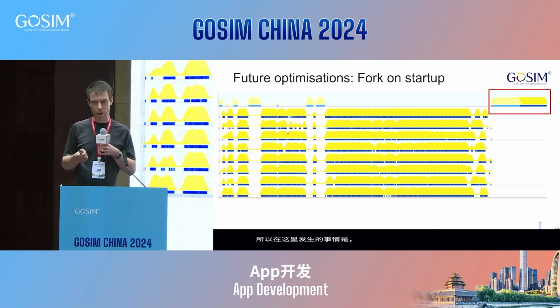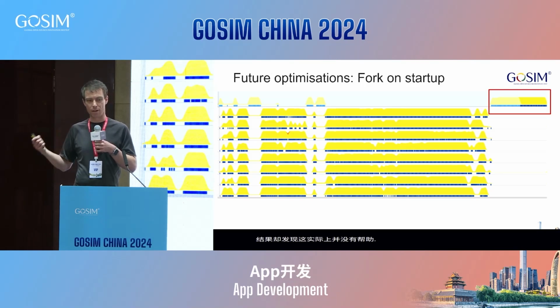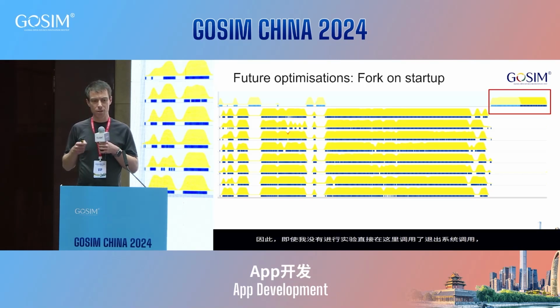There is one optimization that can help here, and that's something that mold does, which is that when it starts up, it forks the process. Forking a process is where you take your process and now you've got two processes that start out the same and can then diverge and do different things. When mold forks, the parent process just sits and waits for the child process to do its work.